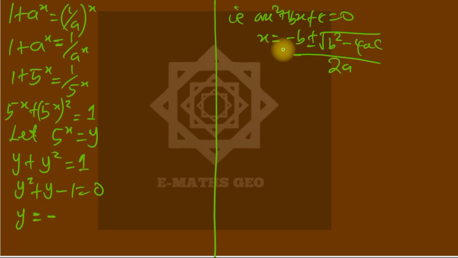Our x is y, so b is the coefficient of x. So we have minus 1 plus or minus the square root of 1 squared minus 4, a is 1, c is minus 1, over 2 times 1.